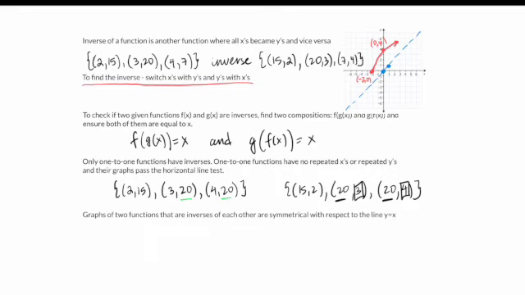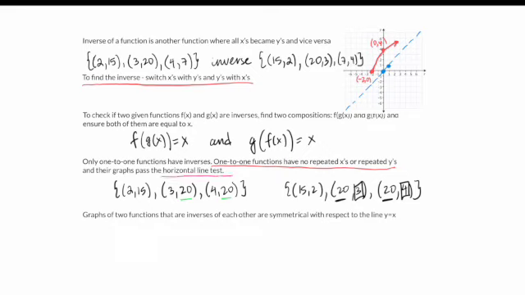And I would like to draw the inverse of that red graph. Well, first of all, we need to decide if this red graph represents a one-to-one function, because we know that if it's not one-to-one, then it won't have an inverse. One-to-one functions have no repeated x's, no repeated y's, and their graphs pass the horizontal line test.